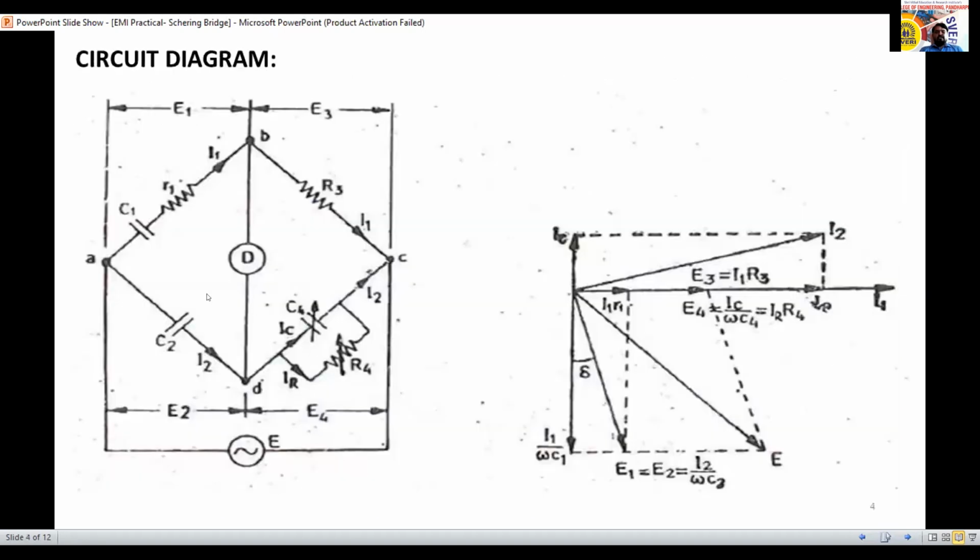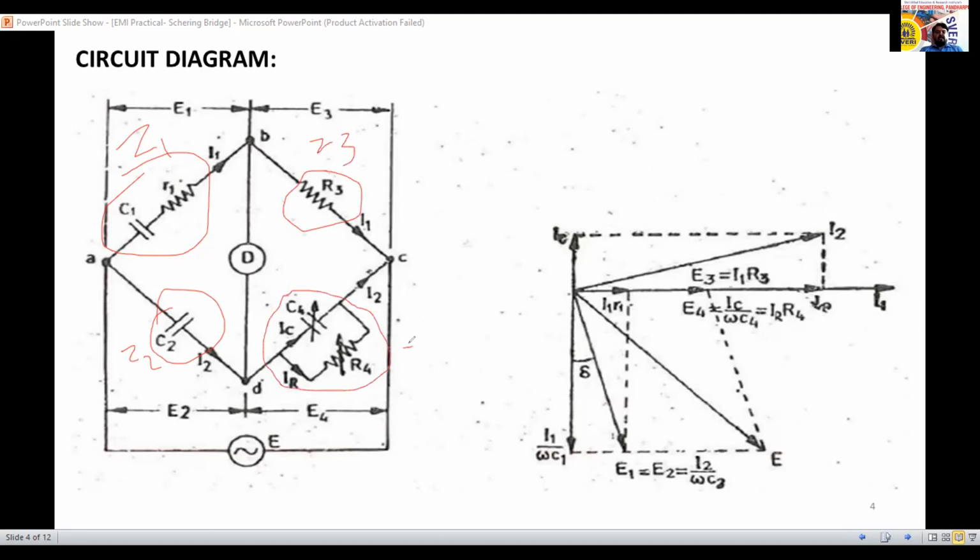Okay, so this is the circuit diagram. We have already discussed in the classroom that the Schering bridge is an AC bridge. We consider these as Z1, Z2, Z3, and this one is Z4.